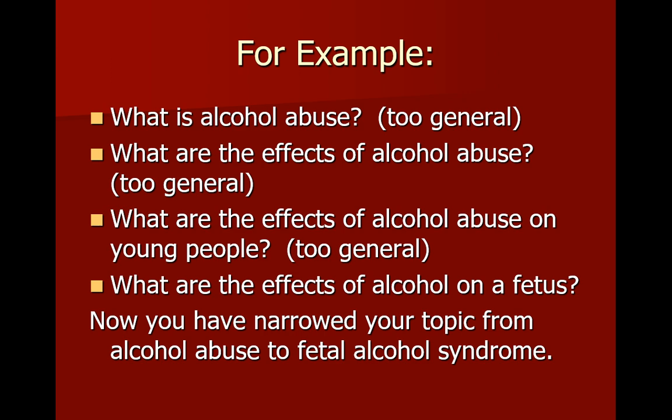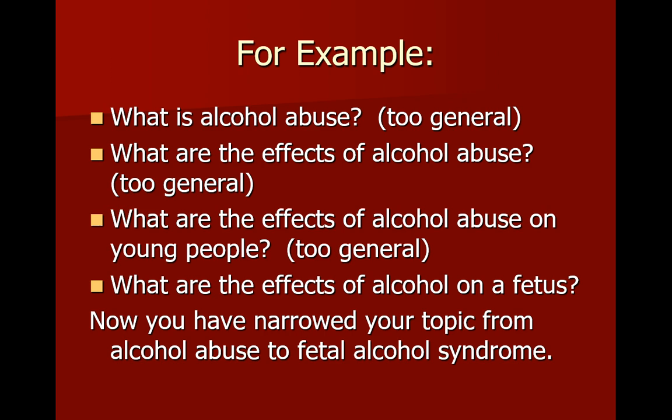Again, too general, because you could tell me, are we going for anybody under the age of 21? And in that case, it could go from ages 0 to 21, which there's going to be a vast difference between what happens to someone who's 18 versus what happens to someone who's in utero. So you could narrow it down to, what are the effects of alcohol on a fetus?